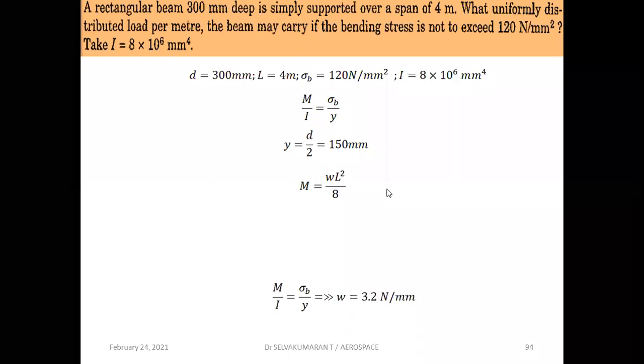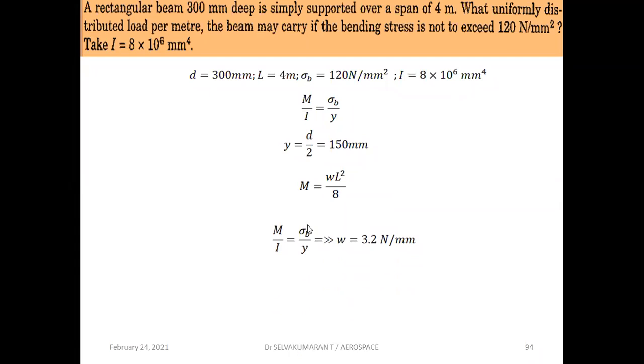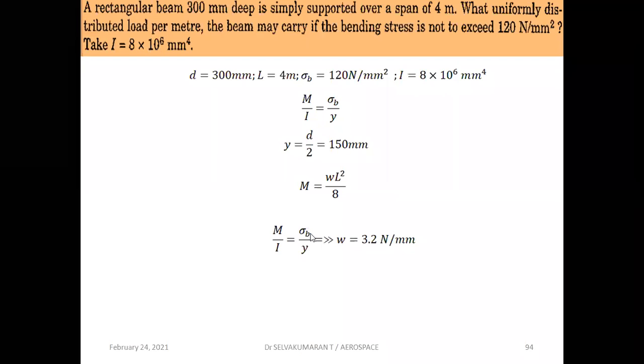We have to find the small w, UDL. Length is given. So M by I is equal to sigma b by y. Substitute M here, WL square by 8. I is given in the problem, and y is d by 2, which is 150. Sigma b is given in the problem, 120 Newton per mm square. So in this expression, only one unknown is small w, the UDL, which is nothing but 3.2 Newton per millimeter.